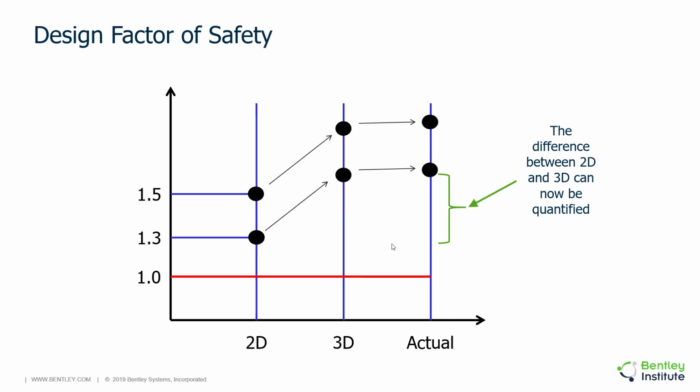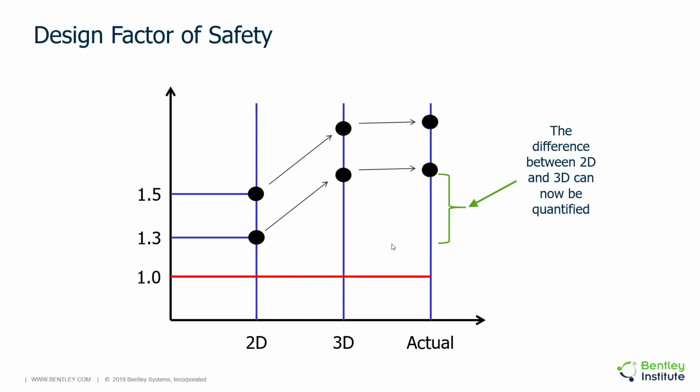First of all, we should note a few things. Once you go to 3D, you're moving closer to actual conditions, and therefore you will ideally get a closer alignment to real-world conditions. Secondly, we haven't changed the physics of failure, the definition of failure of 1.0 in our mathematical equations in moving to 3D. So the definition of failure of a factor of safety of 1.0 hasn't changed between 2D and 3D.